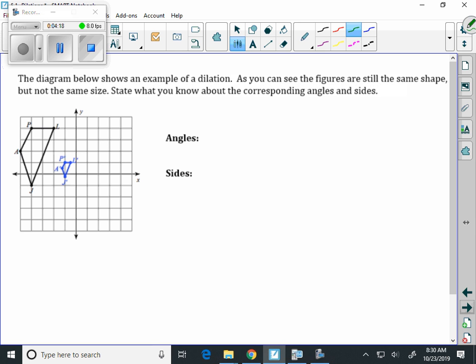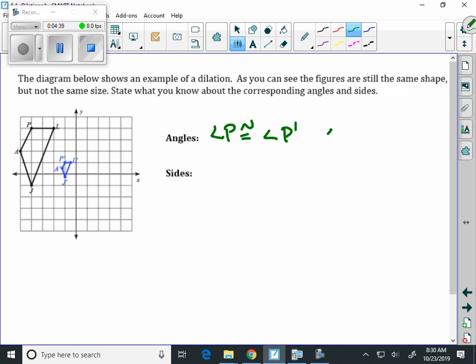So as we take a look at this one here, as you can see, the figures are still the same shape, but not the same size. So what we know in this particular figure is that angle P is congruent to angle P prime.